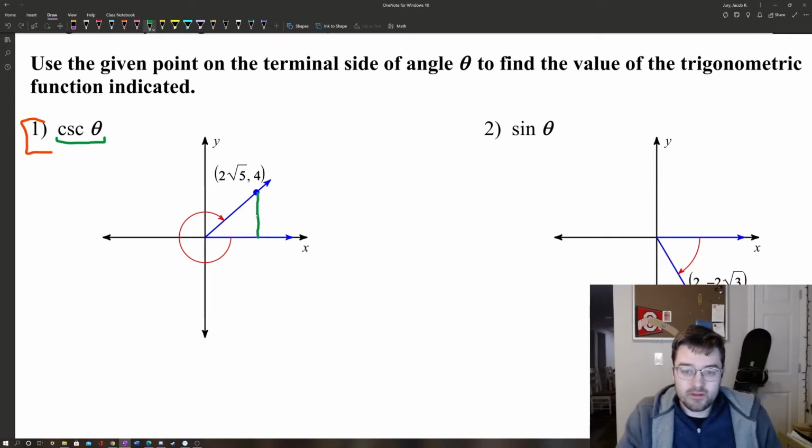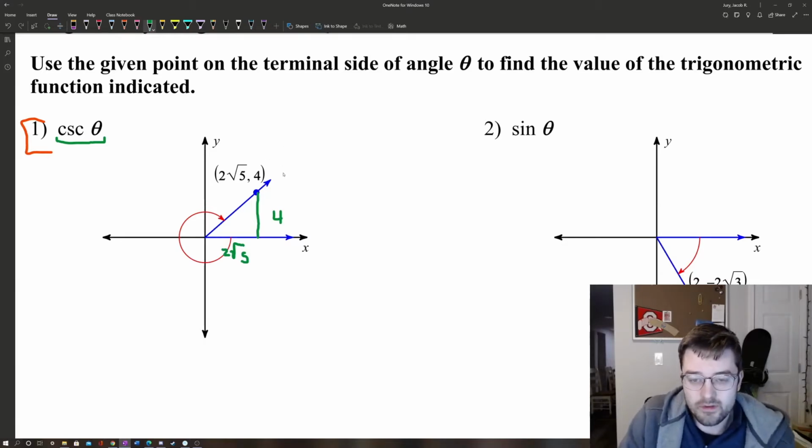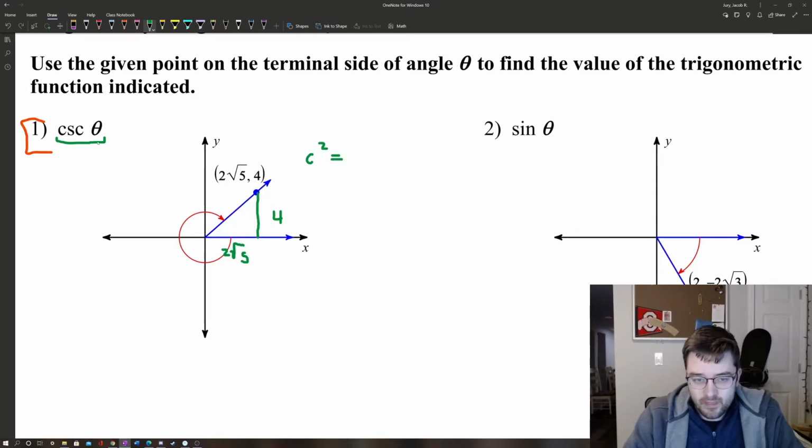So the side lengths given are my x as 2 radical 5, my y as 4, and then my hypotenuse is going to be found using the Pythagorean theorem. So we're going to have to churn that out real quick to figure out our last side. And after that, we'll just use what our trig ratio means, which is hypotenuse over opposite, to determine what it equals.